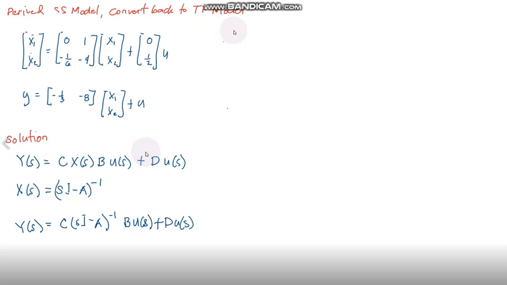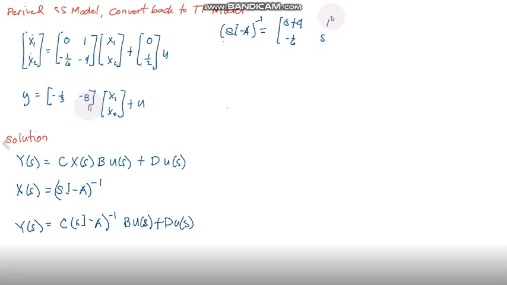Okay, now here we will discuss converting the state space model to a transfer function. This is our derived state space model, wherein the given here for matrix B is 0 and 1, and for matrix C it's negative 1/3 and negative 8.